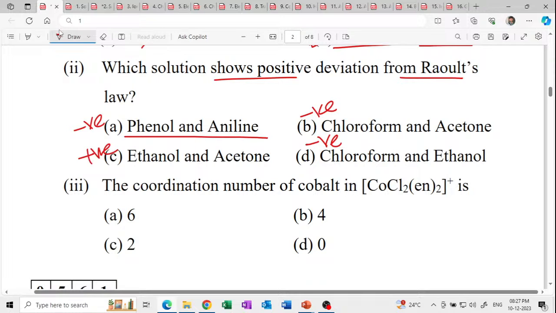So the ethanol plus acetone is correct, because phenol plus aniline forms a salt, and the salt shows negative deviation. There are strong interactions in negative deviation, and in positive deviation there are weak interactions.